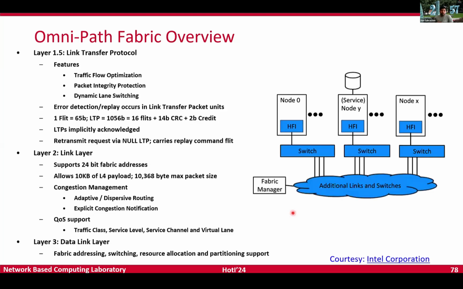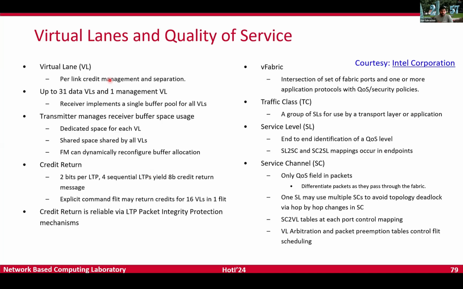So the Omnipath fabric looks very similar to IB, but it is an enhanced version of it, has more features. It has support for a higher number of fabric addresses. It also has support for a larger number of virtual lanes, while the InfiniBand specification only supports 16 virtual lanes.